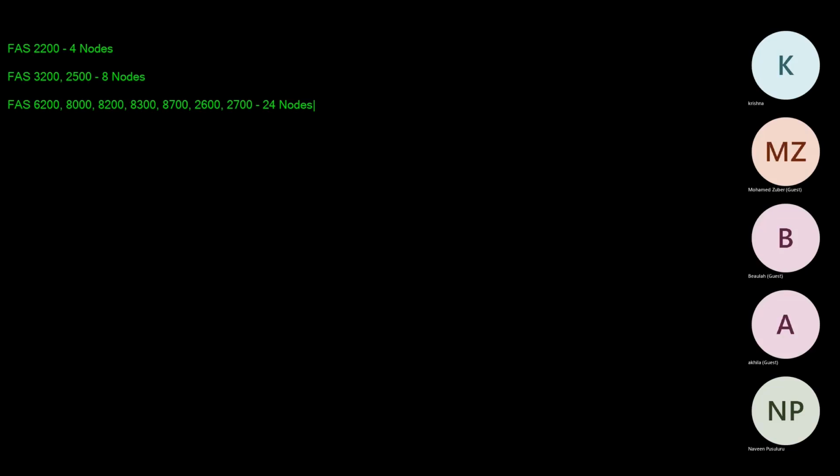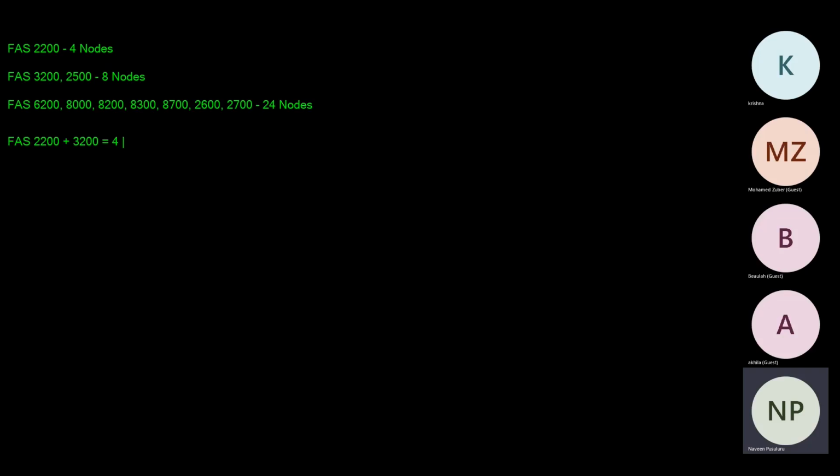Now, what about the maximum number of nodes supported in a cluster when I'm mixing? For example, let's assume that I'm mixing my 2200 with 3200 in a single cluster. Then what is the maximum number of nodes we can keep in a cluster?